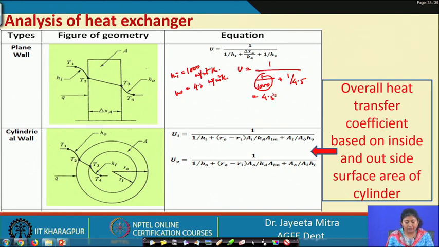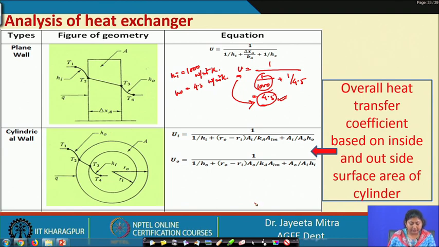So, that means the overall heat transfer coefficient is mostly close to your lower convective heat transfer coefficient value. If you take this as well, without neglecting it, then also you will get close to this, not a very different value, right. A little bit lower than 4.5 you will get, right.